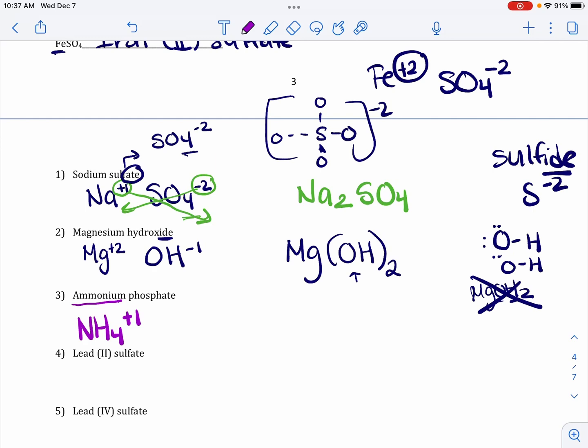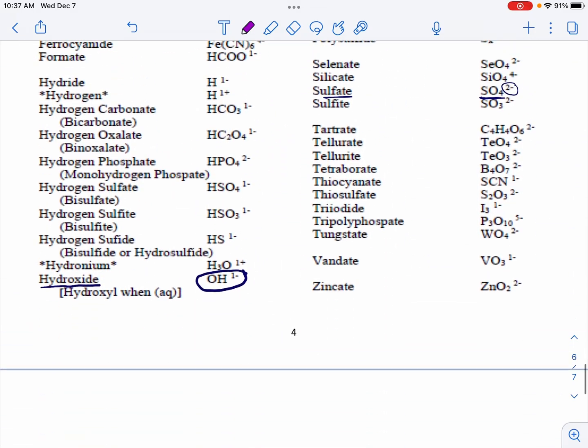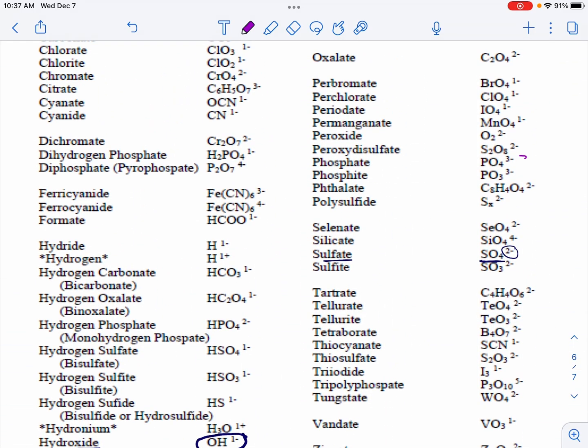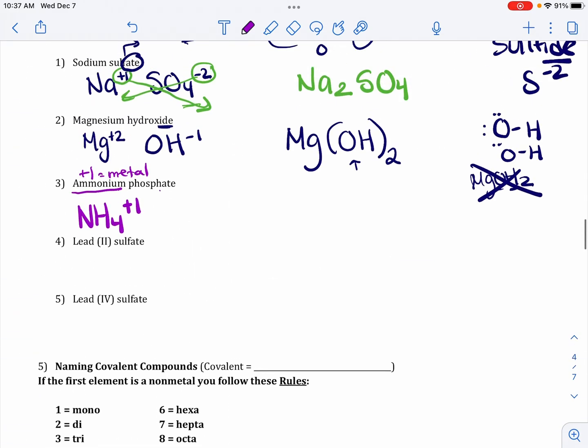If you look on the back of the periodic table, it's there or down below. And because it's positive, we know that it's a metal. So I know NH4 is +1. Phosphate, I can go and look on my list. So I'm going to find phosphate. It's right here. So that's PO4 -3.